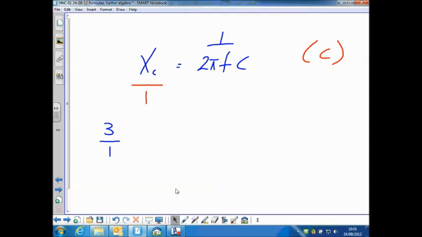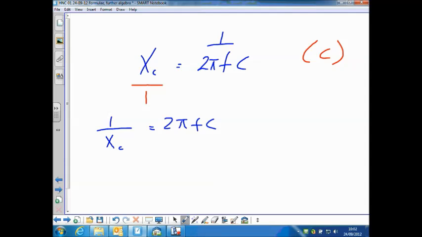In the same way, what's the inverse of xc? 1 over xc. So if I invert this side, I get 1 over x subscript c, which means the reactance for a capacitor, equals, now I can invert the right-hand side, which is just 2 pi fc. So now the thing I'm after, which is the c, is at the top.